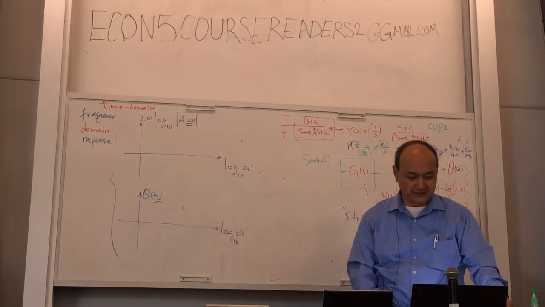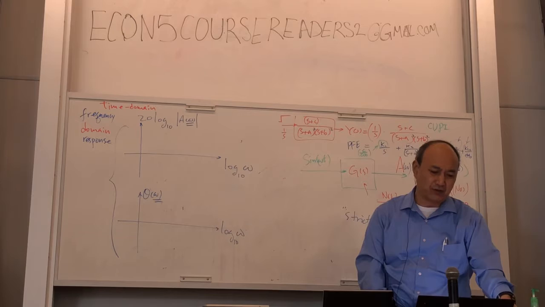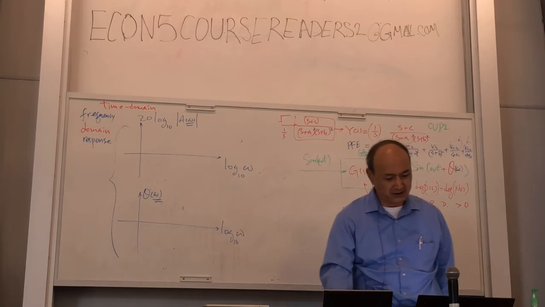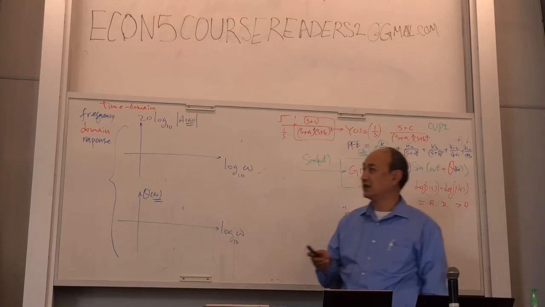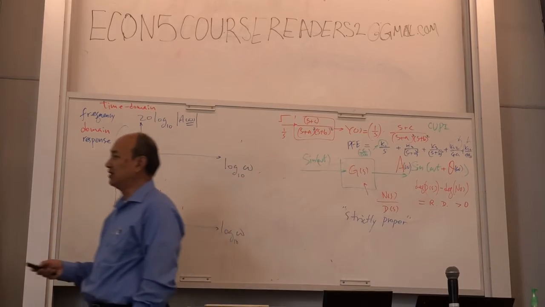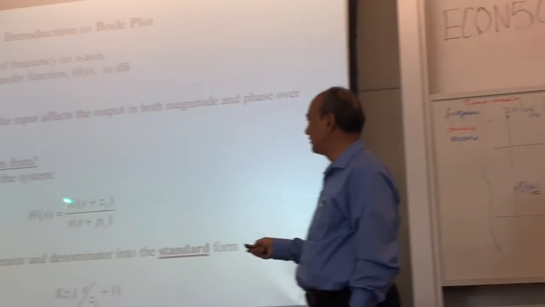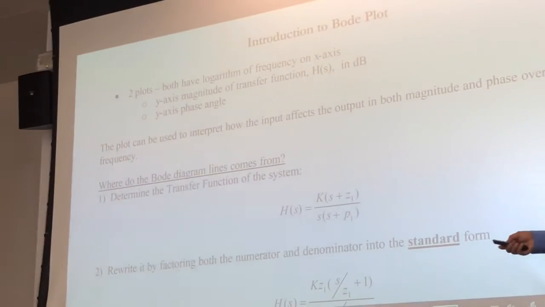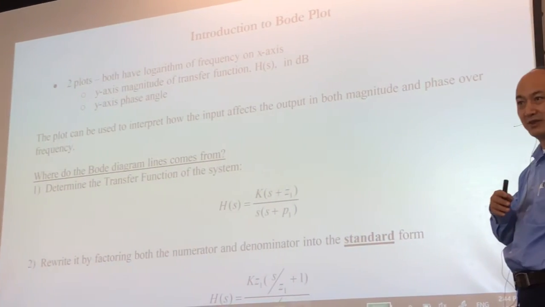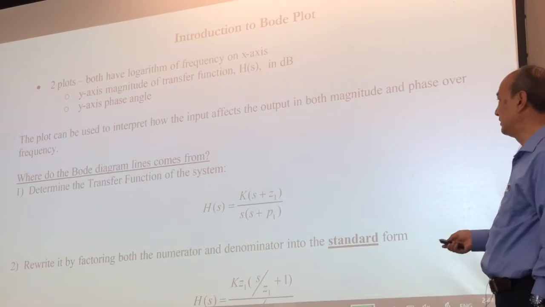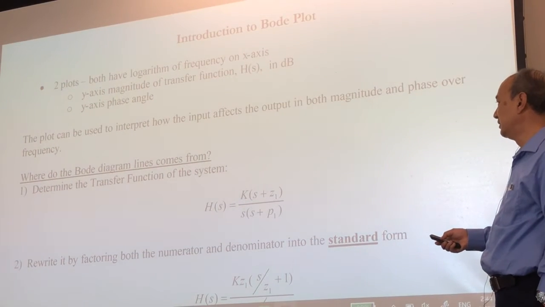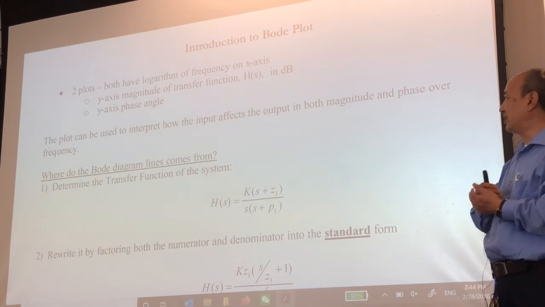Alright, now we are going to do a Bode plot. With this simple example, you have a pole, a zero, a gain, and an integrator. This 1 over s is an integrator. So what is the first step?